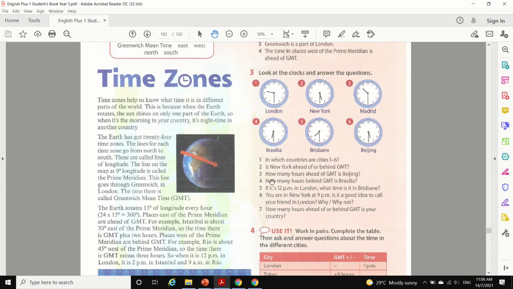Next, number 3. How many hours ahead of GMT is Beijing? Okay, how many hours? We start from here and then we count. Now London is 9:30 a.m. but Beijing is already 5:30 p.m. So how many hours different? 9:30, 10:30, 11:30, 12:30, 1:30, 2:30, 3:30, 4:30, and 5:30.